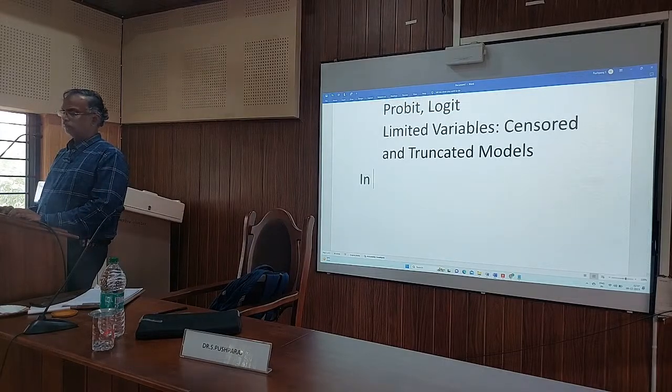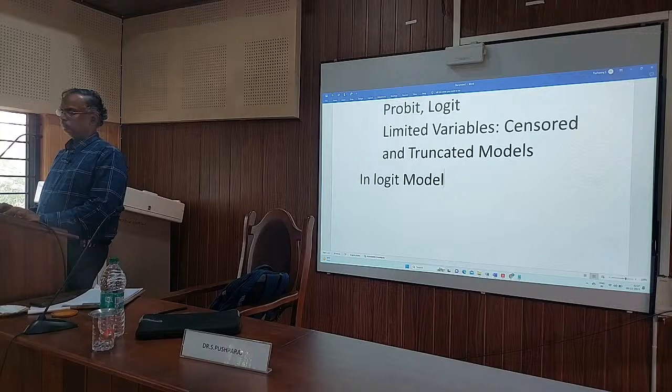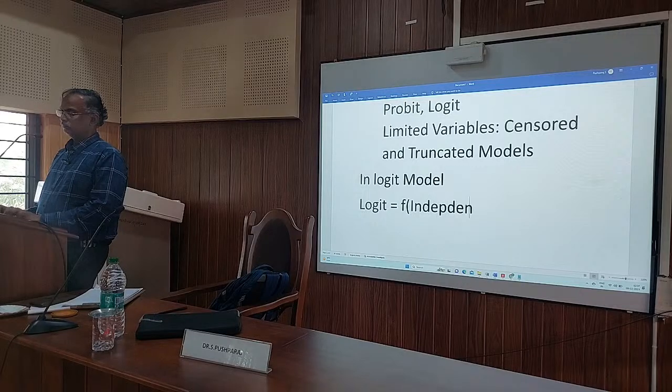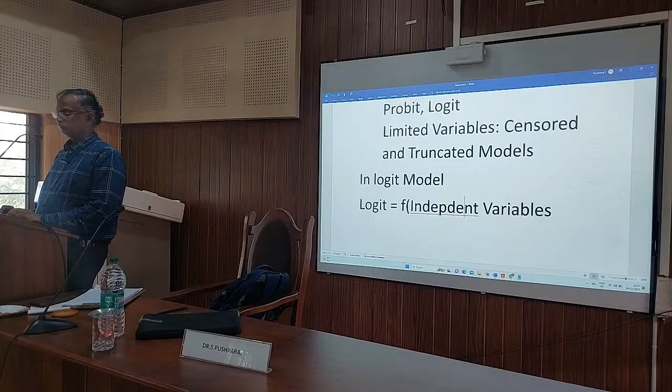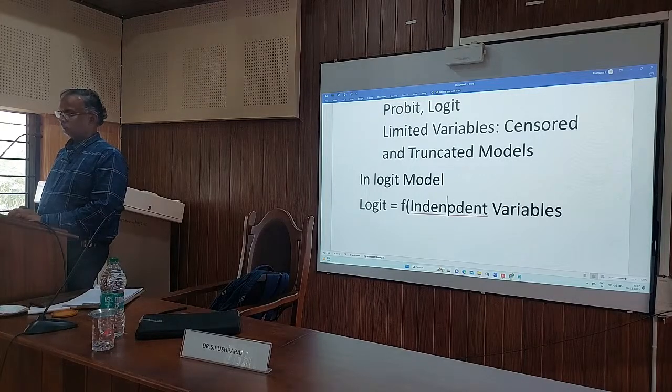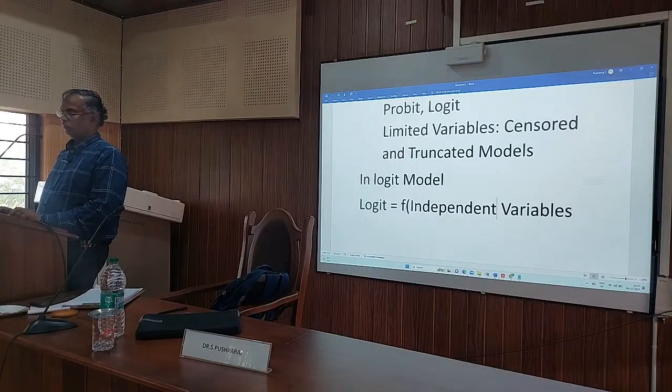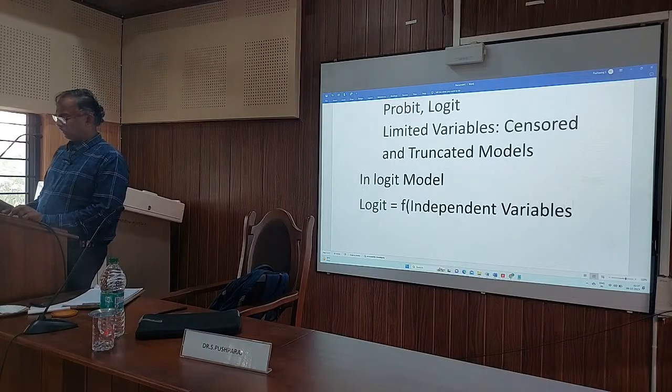In the logit model, logit is taken as the function of the independent variables.